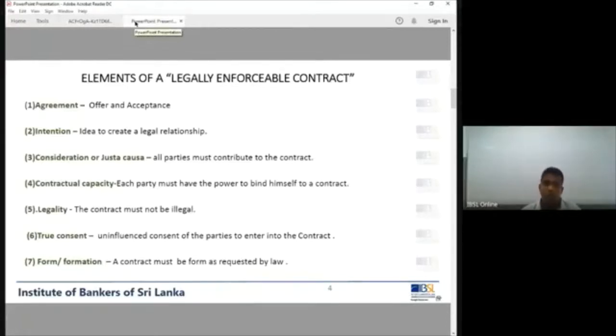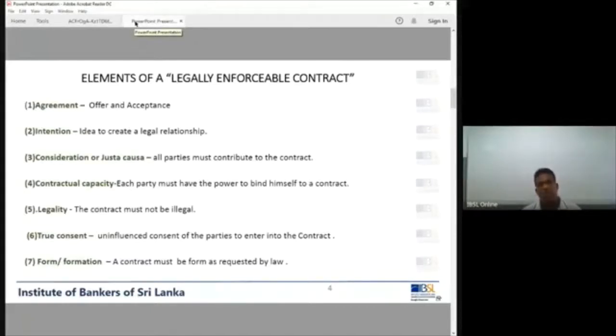But if it is not a valid contract, then even if it is breached, the innocent party can't do anything, in other words, no remedy, because the contract is not valid.